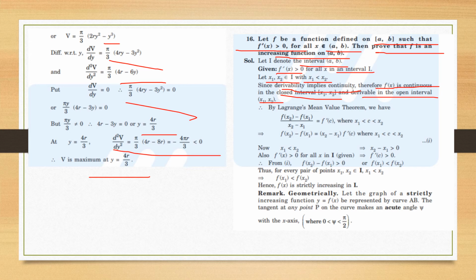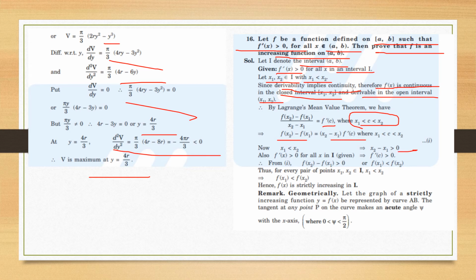So LMVT says that (f(x2) minus f(x1)) upon (x2 minus x1) is f dash c, where c is a point lying between x1 and x2. Taking it to the other side, f(x2) minus f(x1) is equal to (x2 minus x1) times f dash c. Now if x1 is less than x2, that means x2 minus x1 is greater than 0.